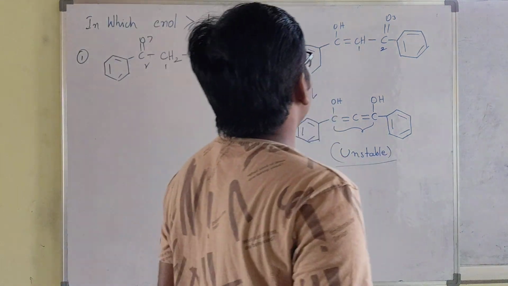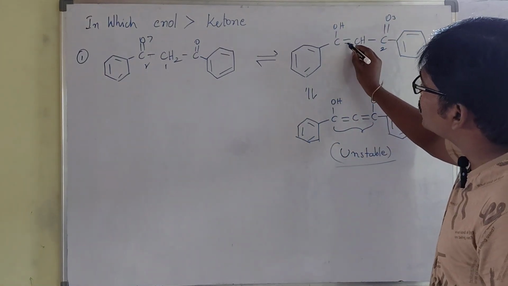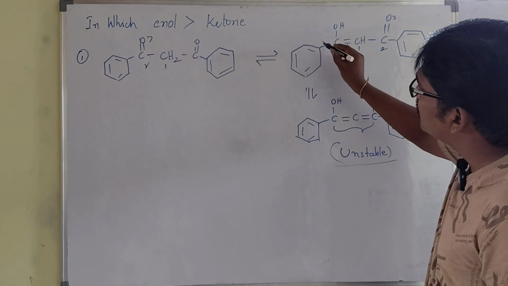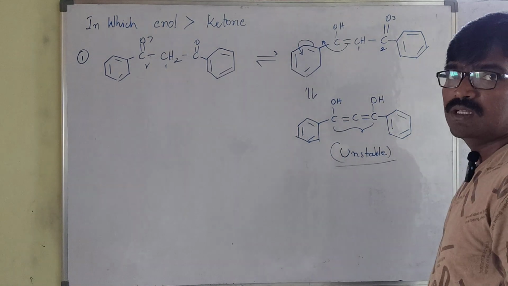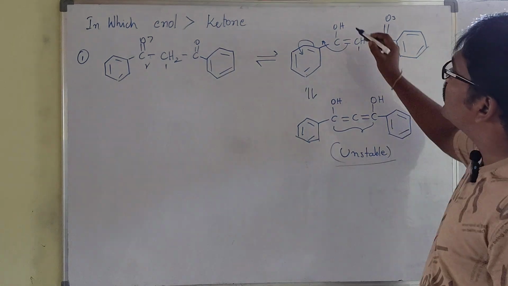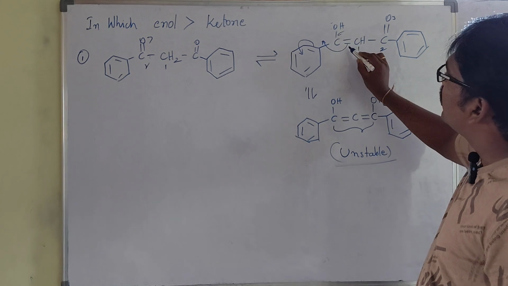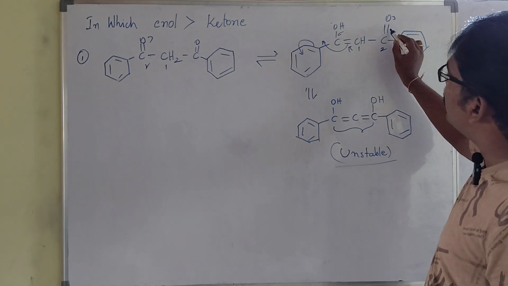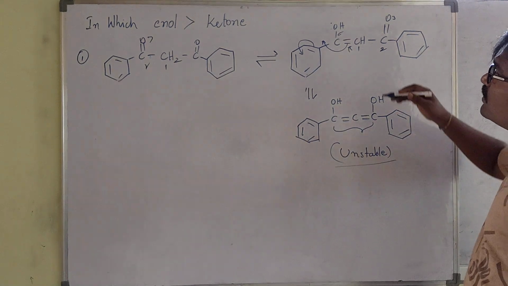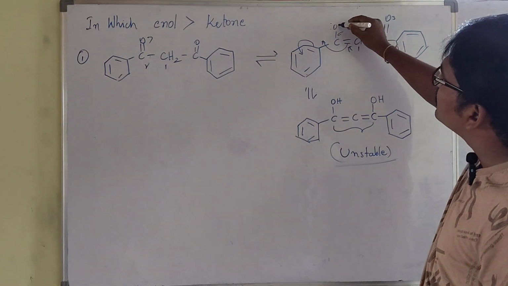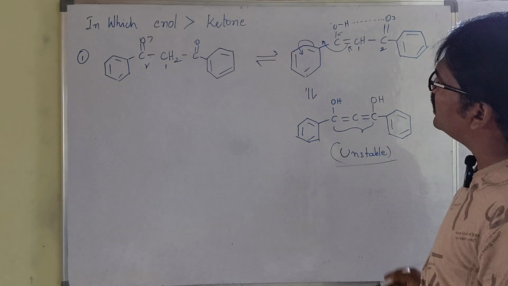If you observe, this double bond is in conjugation with the aromatic ring. As well as, here lone pairs are there: lone pair, sigma bond, pi bond, then again sigma bond, pi bond, so continuous conjugation will be there. And we also observe that the hydrogen atom is hydrogen bonding with this oxygen atom.